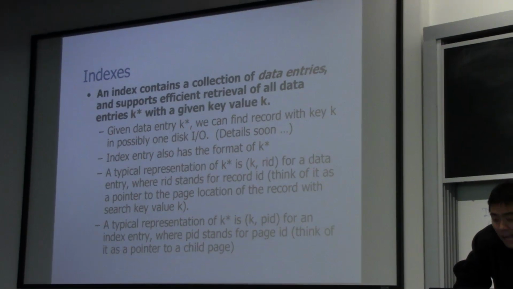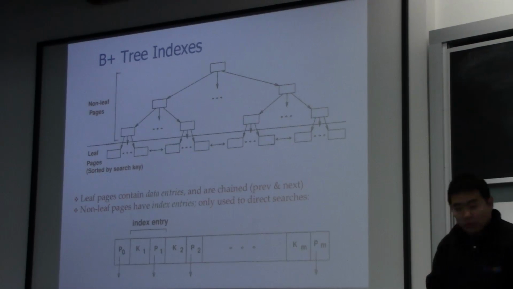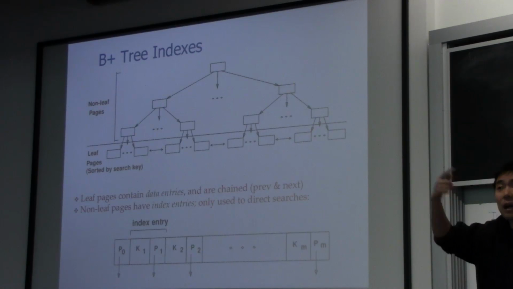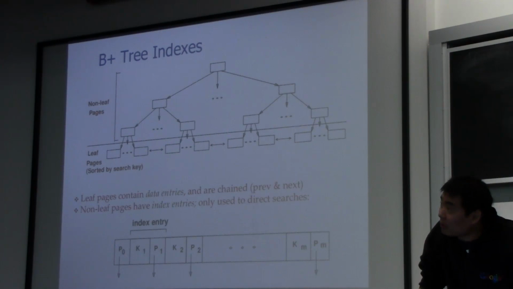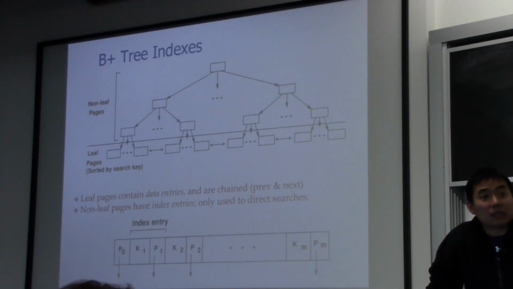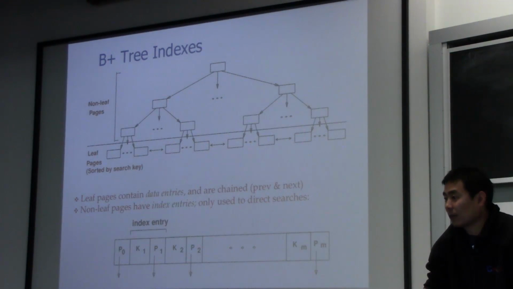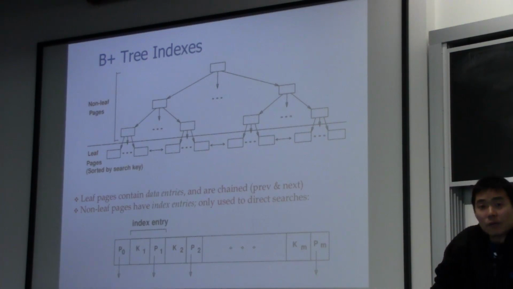So for that, I'm going to skip all this and give you a quick overview of indexes. Then I will come back to that if I have time. I think we are running out of time, so maybe we just don't have time to go over all the details. But at least I covered sorted files and the intuition of this. I feel good about it. Now, I'll give you a quick overview of B plus tree indexes.